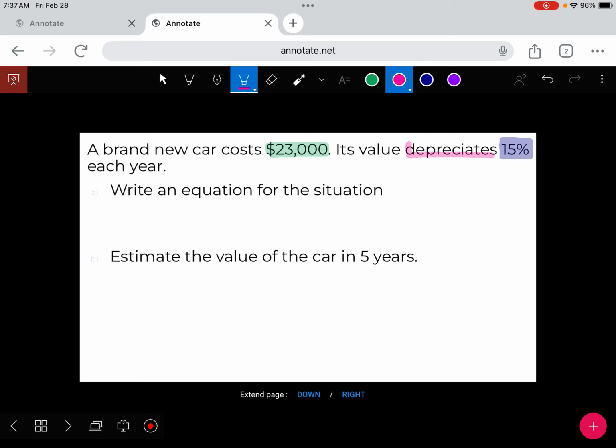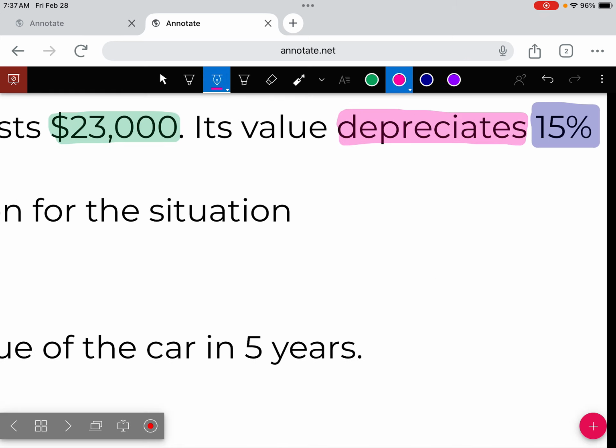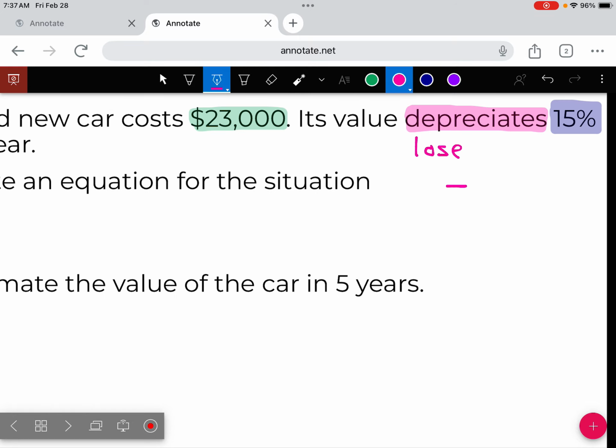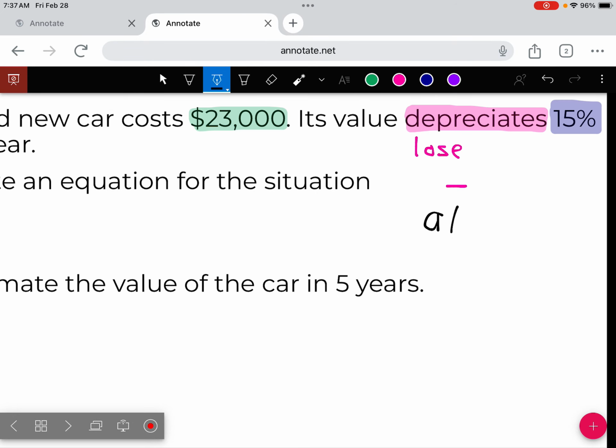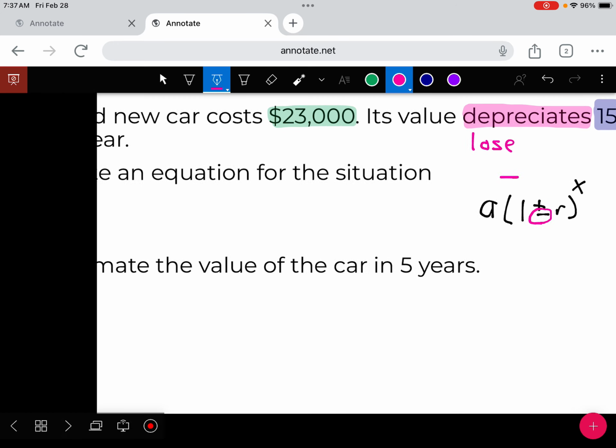This is going to be decay. Depreciates means get smaller. It loses value. So when we're looking at our equation, we're going to use the minus. If we think about our basic structure, a(1 plus or minus r) to the x, we are going to use the minus on this one.